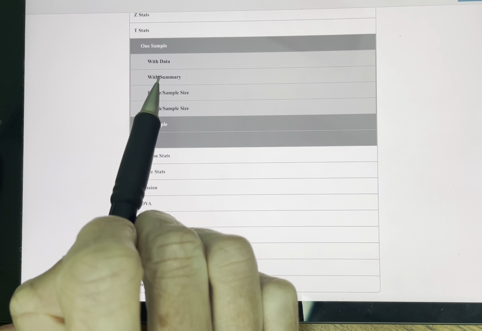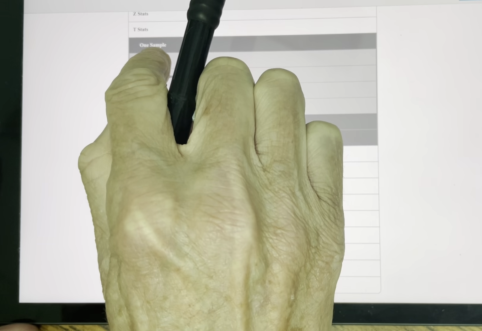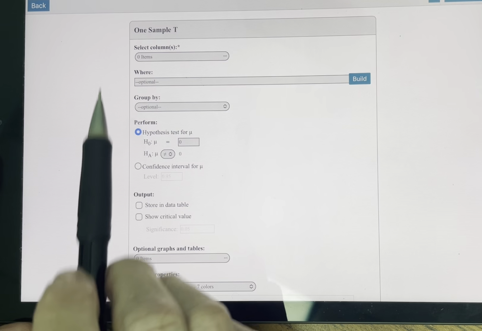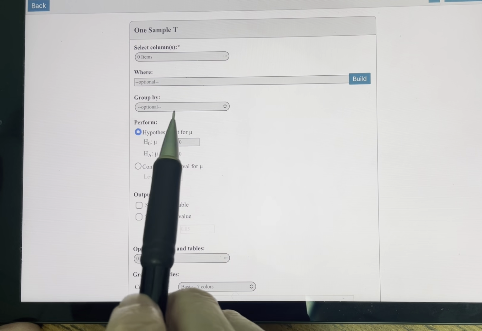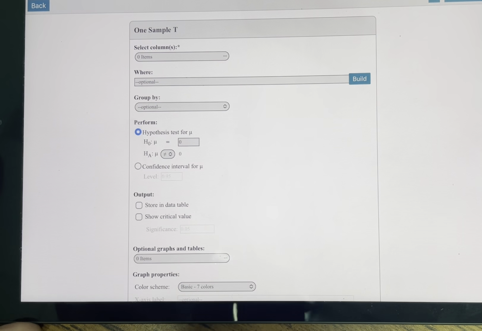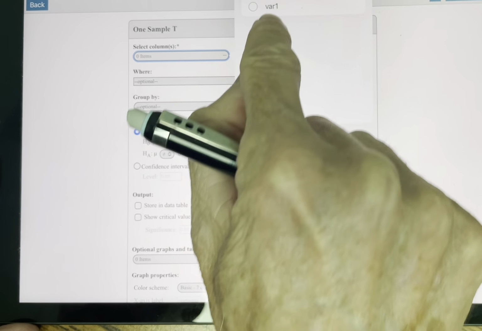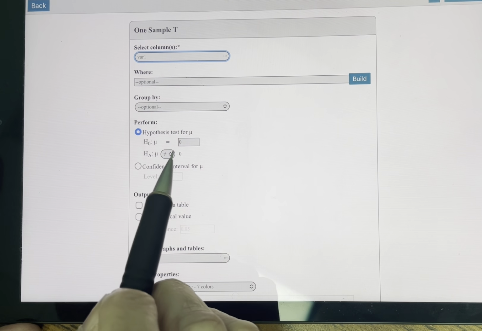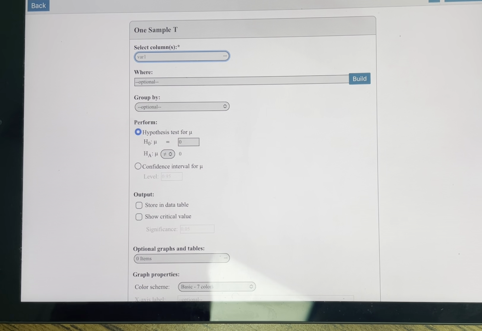We have the data, it's not summarized, so I'm going to choose with data. When the data is raw, it'll take care of the mean and the standard deviation for us. We just need to select the column, and then perform the hypothesis test.